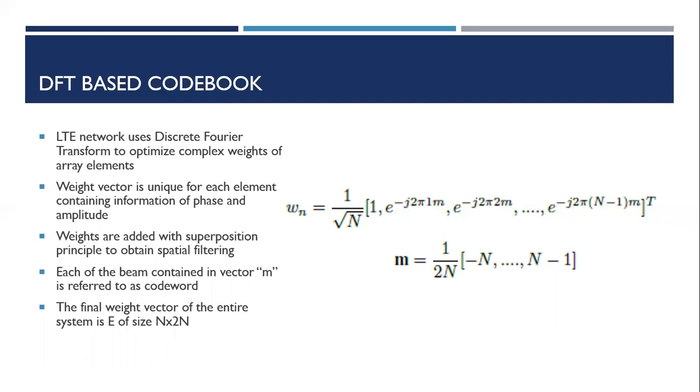So this expression on the right shows us the weight vector for each of the antenna elements. As you can see, it contains different code words or the weight vectors represented by m, and there are total of roughly 2n weight vectors for each of the antenna elements.